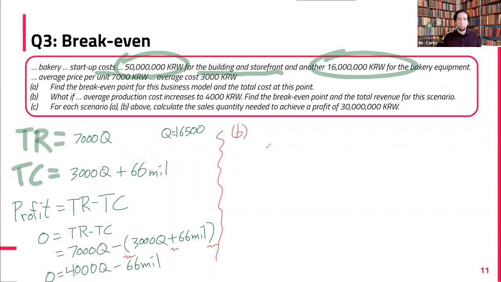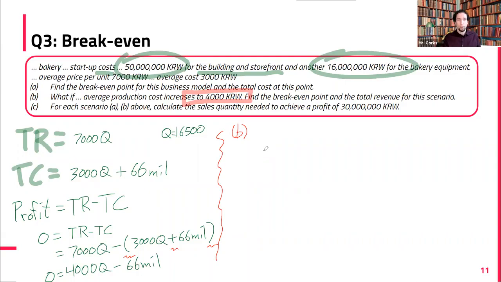What was that one part? The variable cost. So if the variable cost, actually, let's just rewrite it here. Instead of 3,000, it's 4,000. Also, it's a word problem. We have to read the problem carefully. It increases to 4,000, not increasing by 4,000.